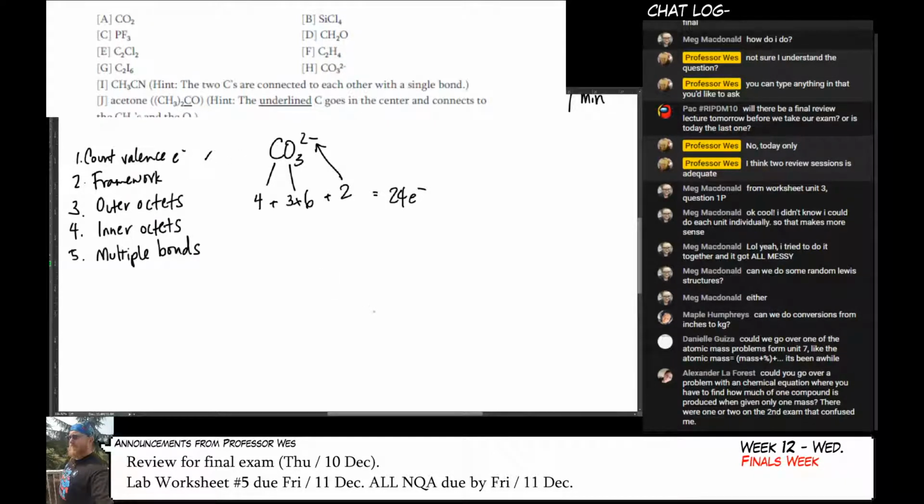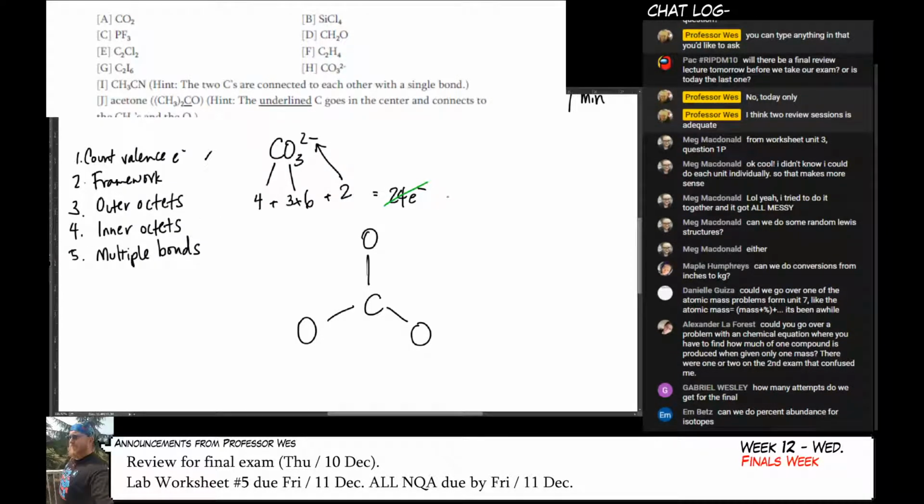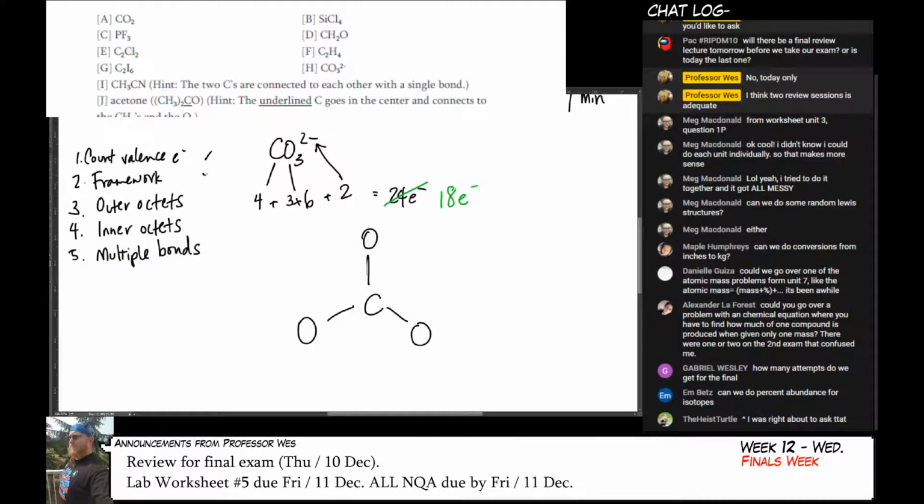The central atom is always listed first. You just put it in the center, you put the other stuff around it, and then you connect it. Boop, boop, boop. So that used 2, 4, 6 electrons. So now I have 18 left. That's my framework.